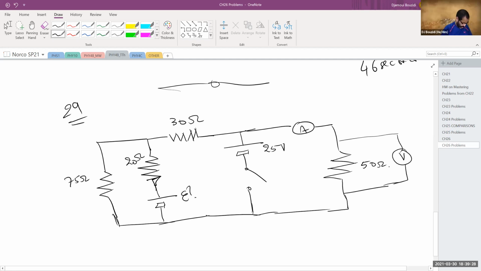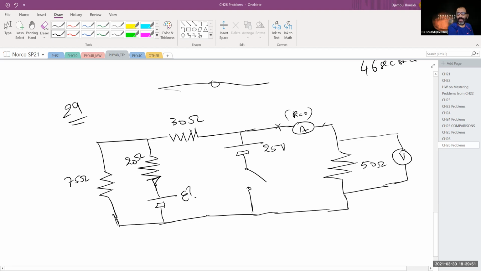Okay. So what they're saying in here is that the EMF, first of all, has no internal resistance. They're all ideal. And then also the meters, both of them are ideal, meaning that this one has no resistance. R is equal to 0 for this one.